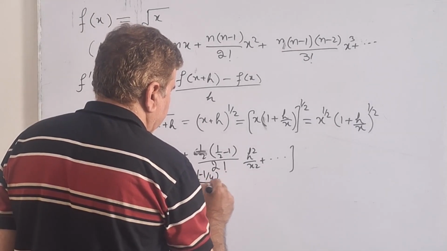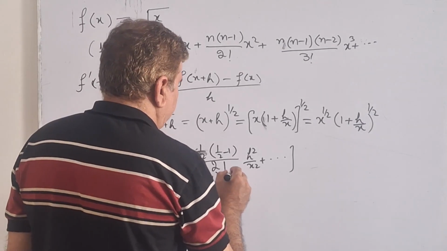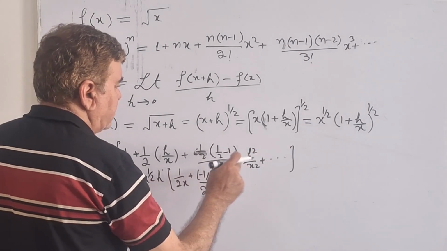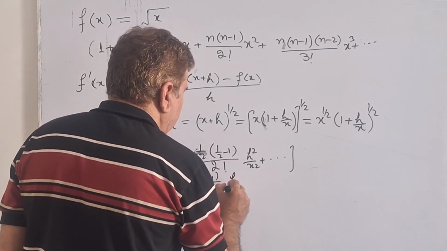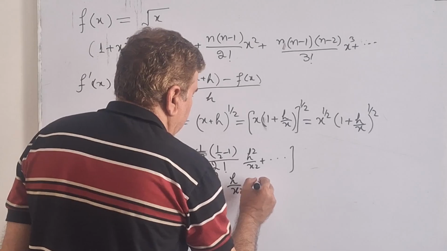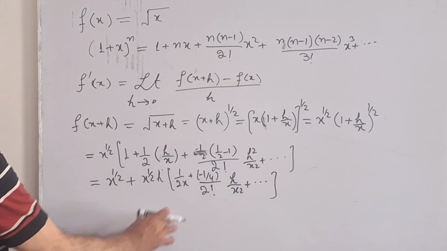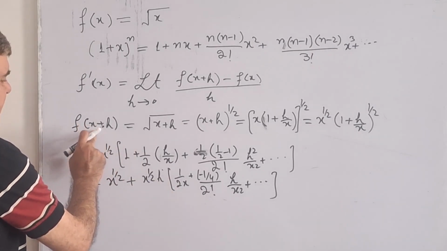I'm not interested in simplifying this because those will vanish, and since I have taken h common in all the terms, this will be h divided by x squared, and so on. This pattern will continue. Now, this is the value of f of x plus h.